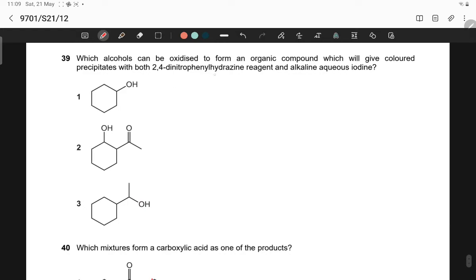Which alcohols can be oxidized to form an organic compound which will give colored precipitates with both reagents? If an aldehyde is present or a ketone is present, both give a positive test with 2,4-dinitrophenylhydrazine and alkaline aqueous iodine.